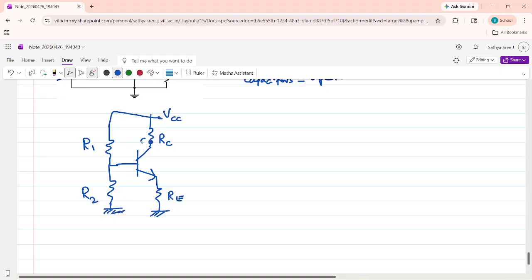So this is the collector terminal and this is the base terminal and this is the emitter terminal. Okay. So we have to calculate the Q point. For the DC analysis, we have to draw the load line and calculate the Q point.